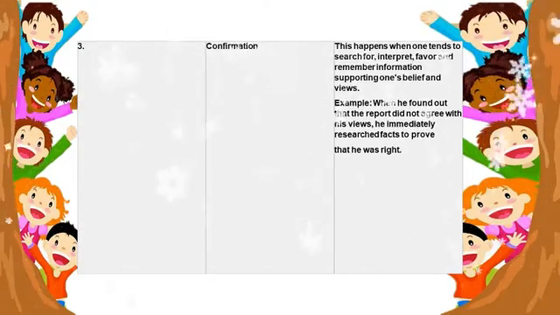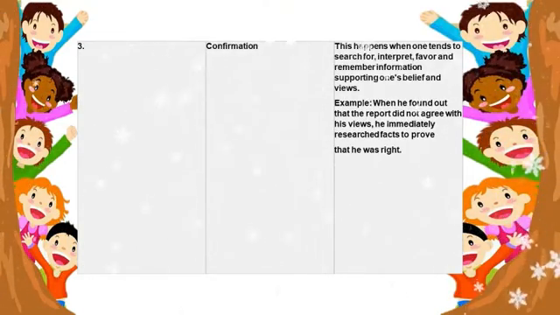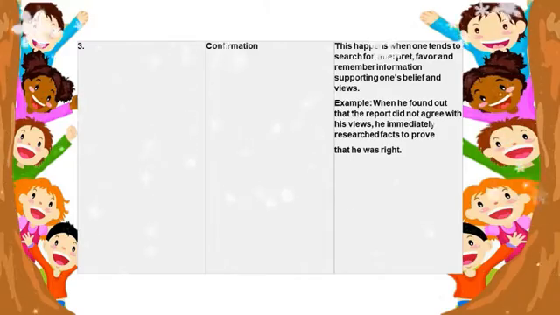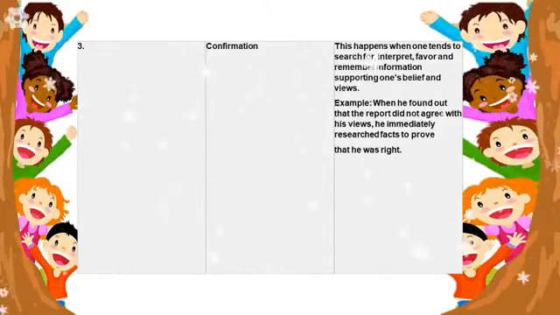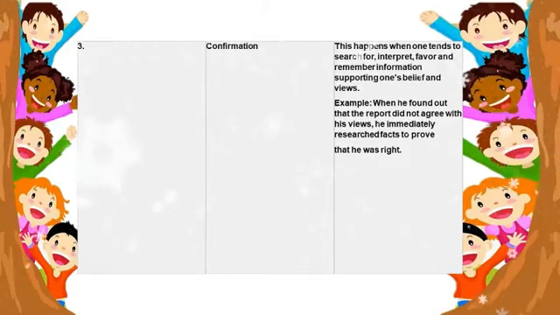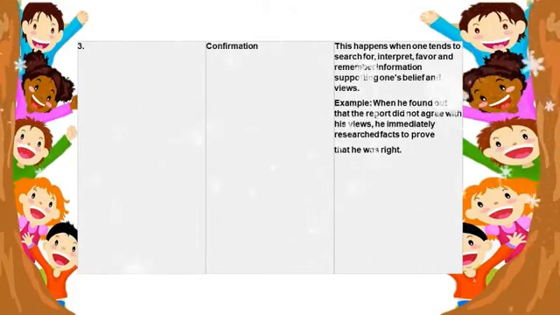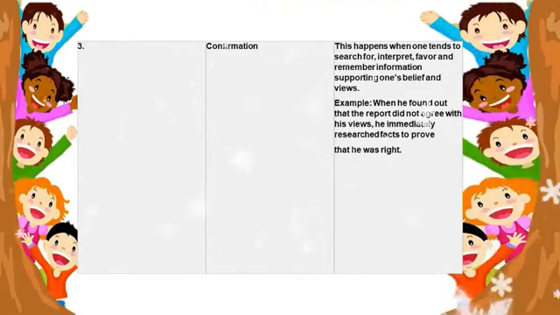Example: when he found out that the report did not agree with his views, he immediately researched facts to prove that he was right. So that is confirmation. Maybe they clarify or validate whether the report of the reporter is accurate or not.